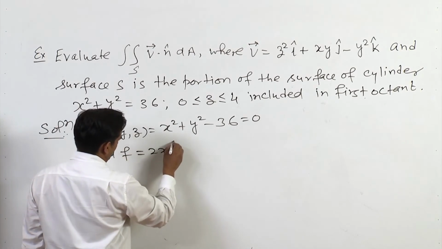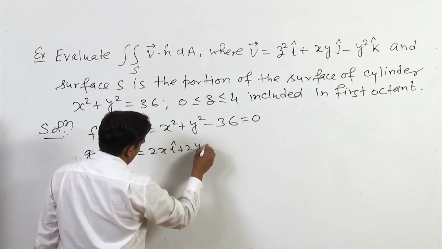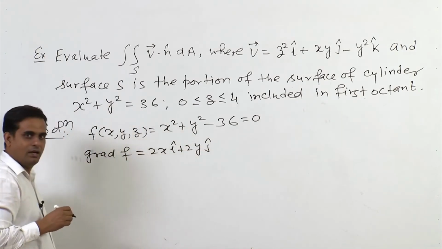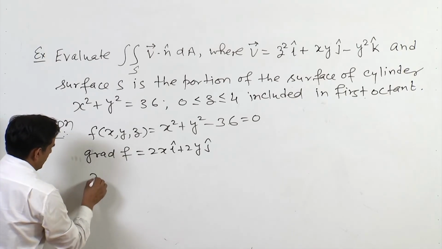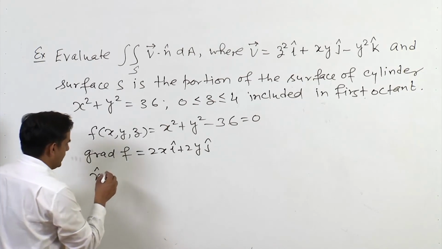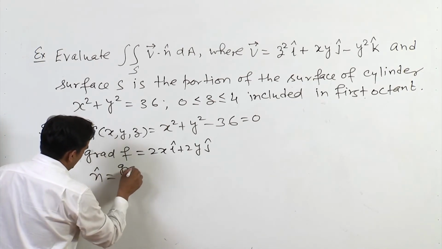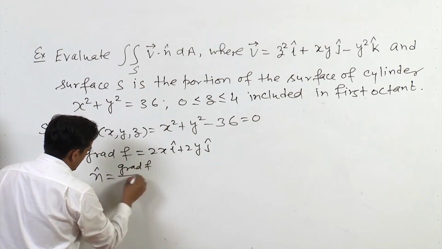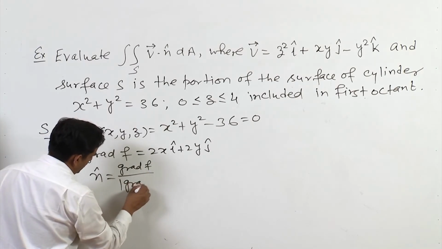2xi plus 2yj, and then the unit normal vector n to this surface f is given by grad f upon magnitude of grad f.